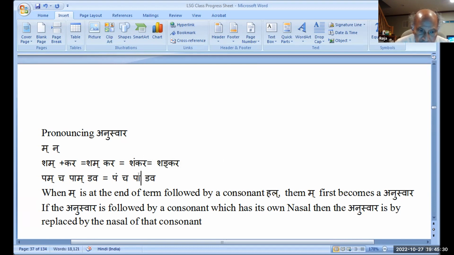That's the first step. Second step is, now look at this. The cha has its own nasal. You agree? Yes. Okay. And da has its own nasal.